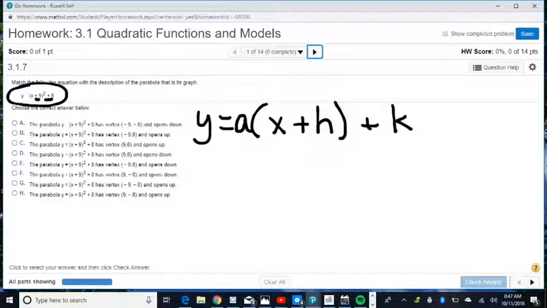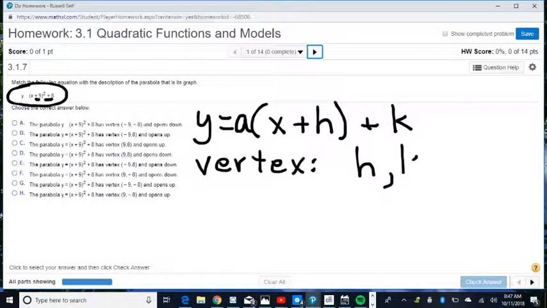First of all, we can look at this equation in this format. Notice it has to be in this format. And we can first find the vertex. Remember, the vertex is that point where the graph changes. It curves, so it stops going down and starts going up, or vice versa. And the vertex is always the point h, k.